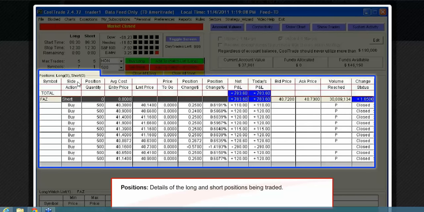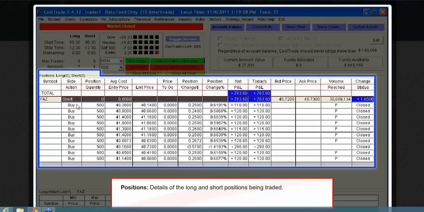So the side tells you which, long or short, and then the action tells you what you're trying to do. On a long position, you're trying to sell that stock for a profit. On a short position, you have a right to buy it and fill it, and if the stock goes down, profit from that stock as it's going down. So that's how that works.